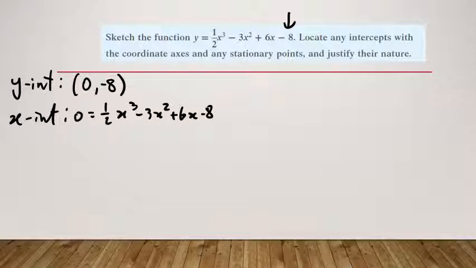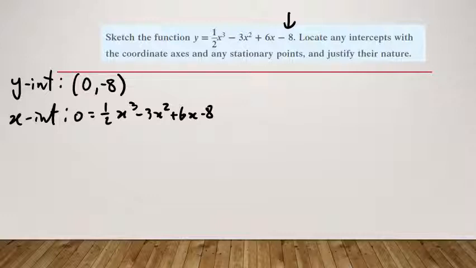So if you try it out with 2, that's a half times 8 minus 3 times 4 plus 6 times 2 minus 8. 6 times 2 is 12, 3 times 4 is 12, so they cancel out. Then minus 8. Damn it, so close.